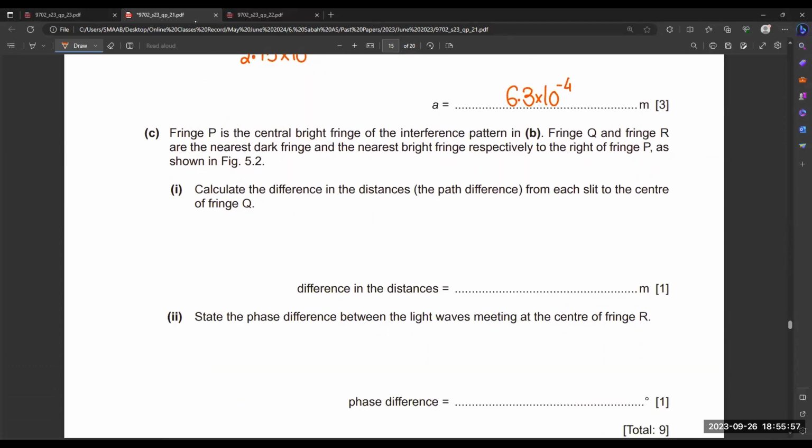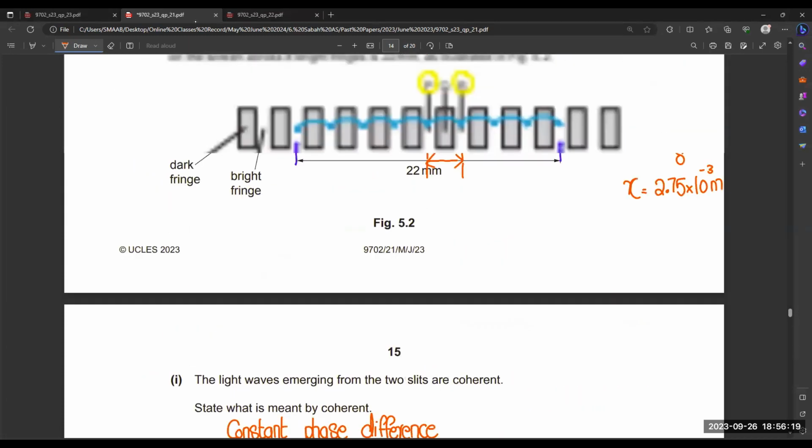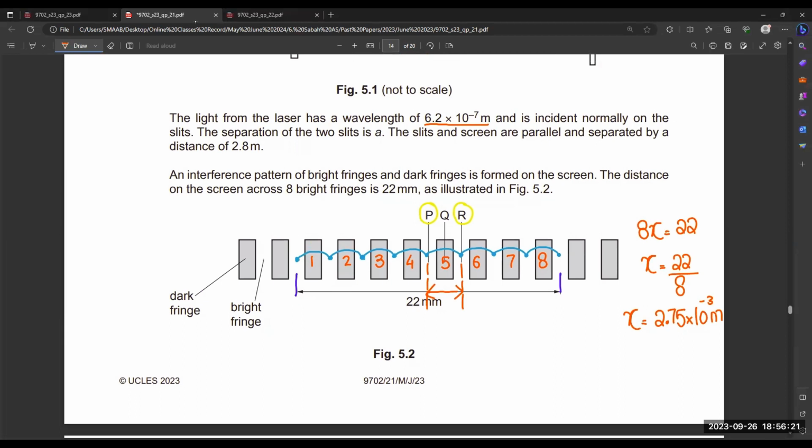And in part C, we have to calculate the difference in the distance. It means the path difference from each slit to the center of fringe Q. So Q is actually the center, and you have to find out the path difference. So basically, let's suppose we again consider the diagram of the fringes. So this is the diagram for the fringes, and Q is the center part.